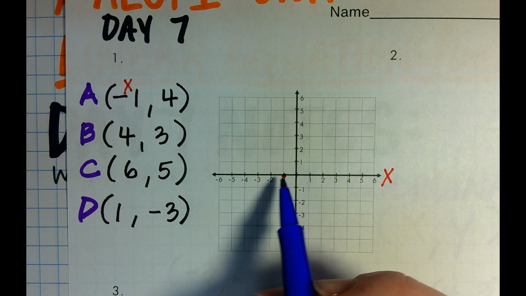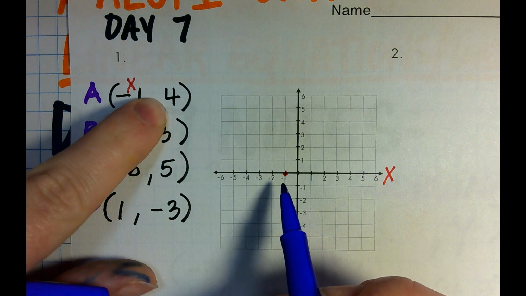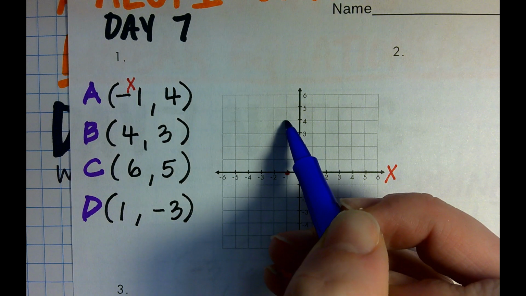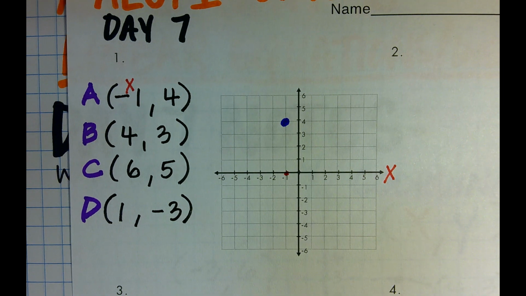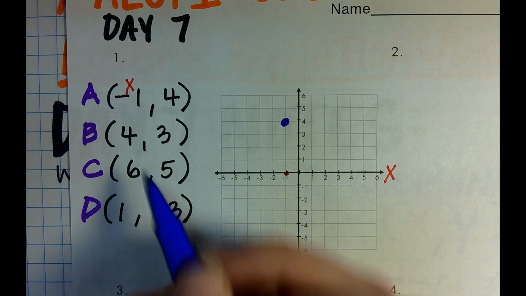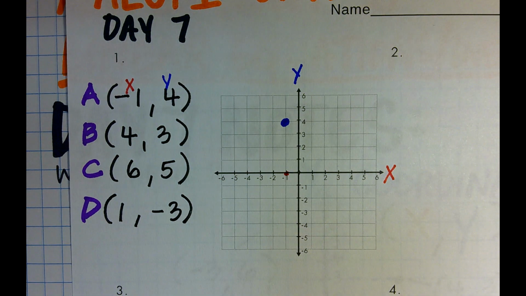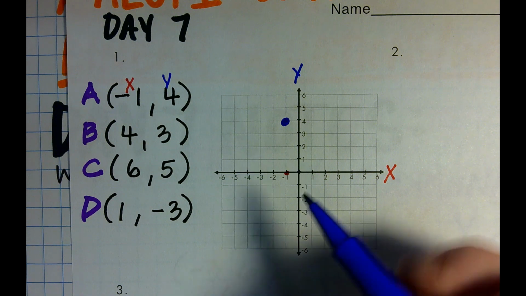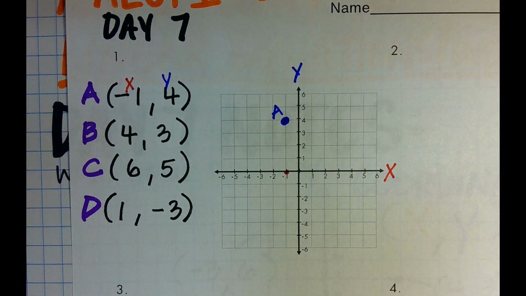That's how far over it'll be. Then we look at our y value, 4, and from there we go up 4 on the y-axis. And that is point A. We found it. So I will label this with A. There's point A.